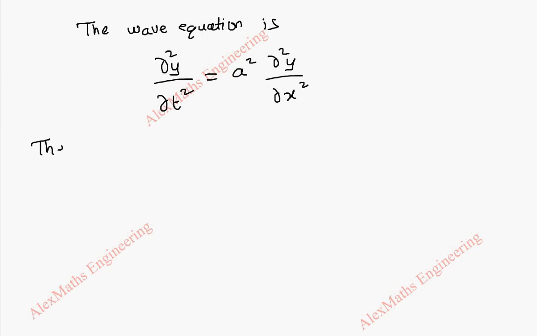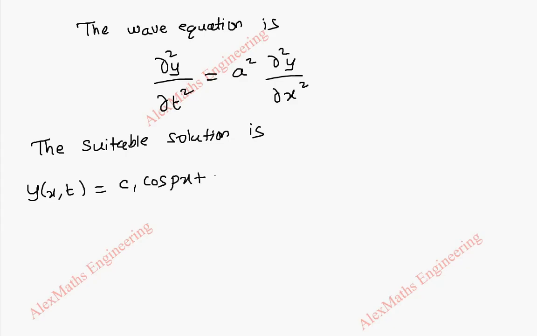The suitable solution is y of x comma t equal to c1 cos px plus c2 sin px, into c3 cos pat plus c4 sin pat.